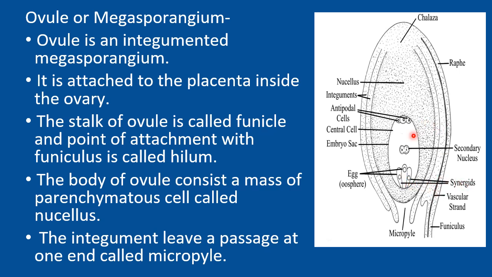Then above you will find the secondary nucleus, then raphe, and opposite to micropyle is the chalazal end. Then nucellus, the nutritive tissue, which is very broad. Integument is the covering. The antipodal cells are also there. Then the central cell, the embryo sac, the female gametophyte, or the egg or oosphere, which has the ploidy.